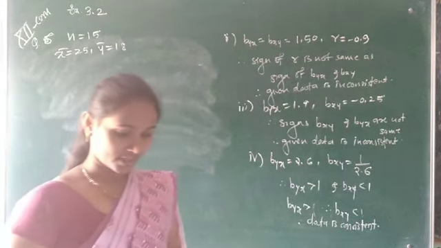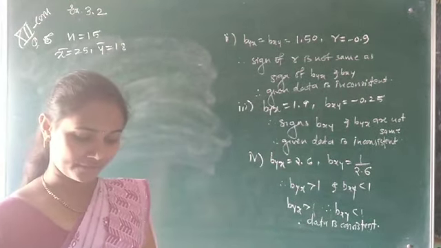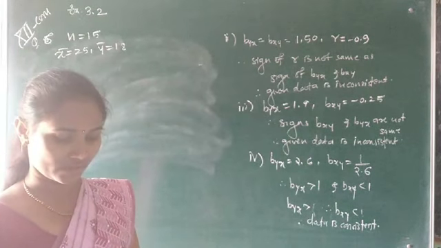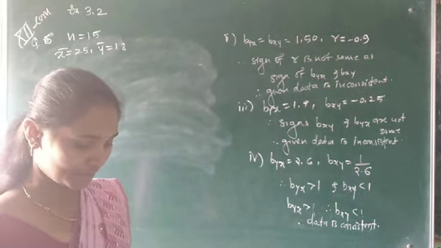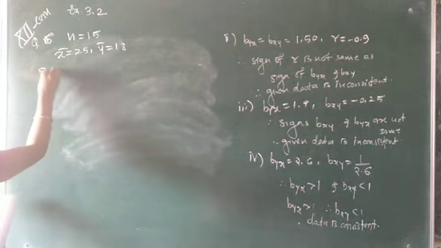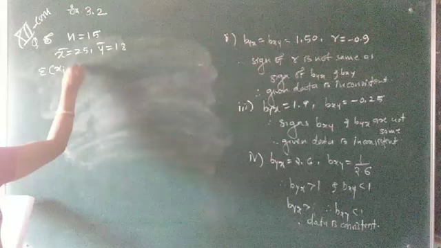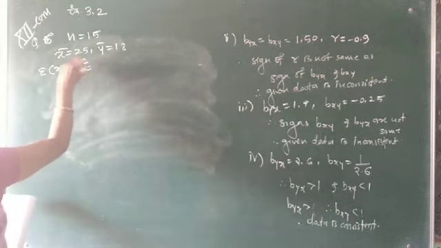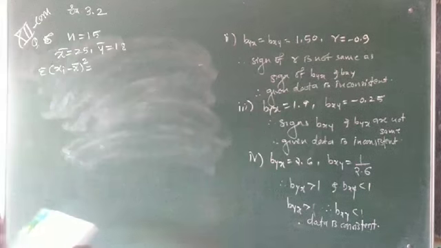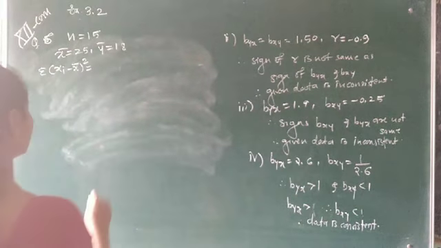Next, the corresponding sums of squares of deviations from the respective means. The sum of squares of deviations of x from its arithmetic mean, summation of xi minus x bar squared, is 136.